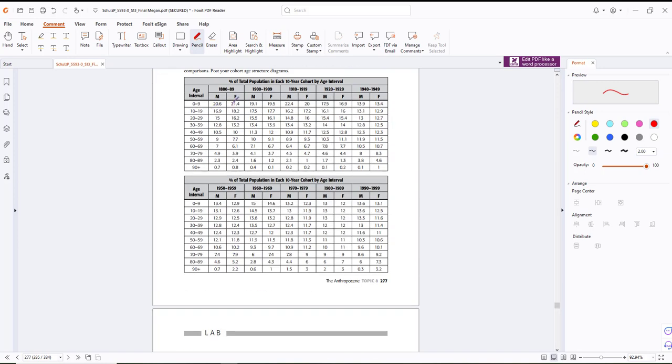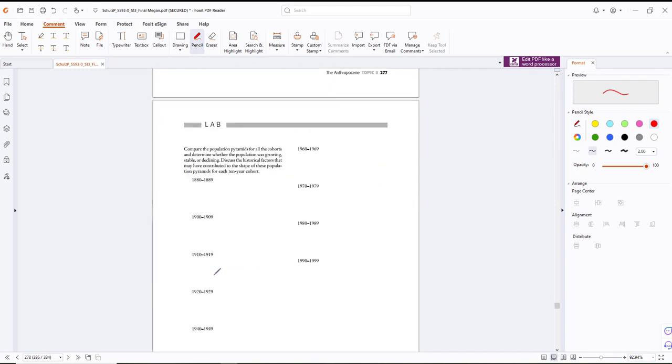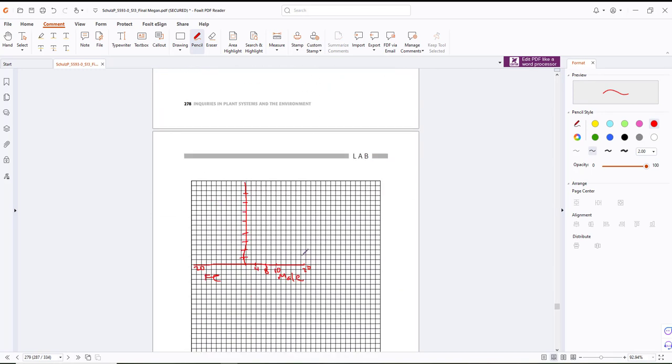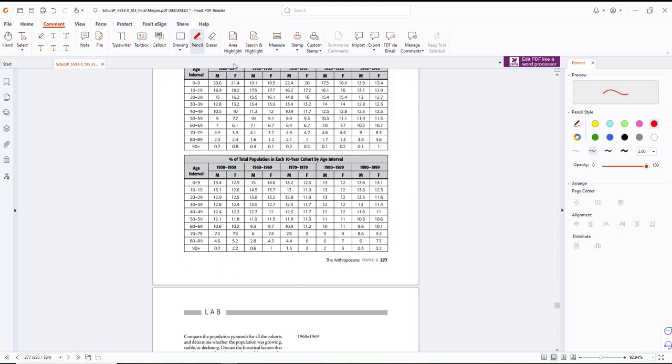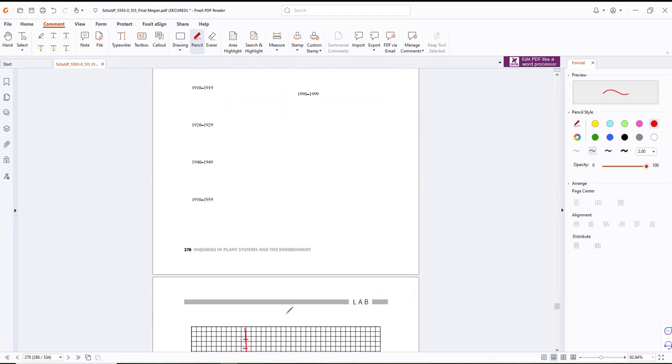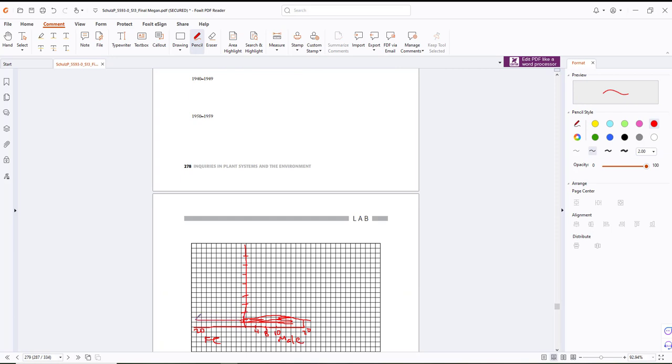If I look at the under 10-year-olds, I have 20.6% of the population are male. So that would be all the way out here. So this would be all male. And then for the females, about 21%. So you're going to get a wide base.